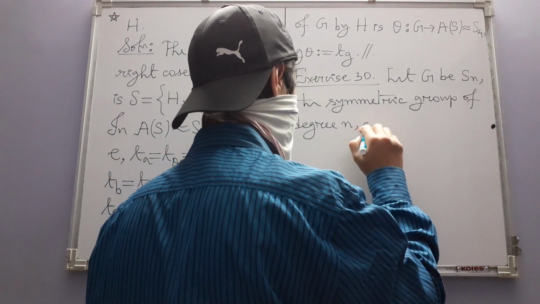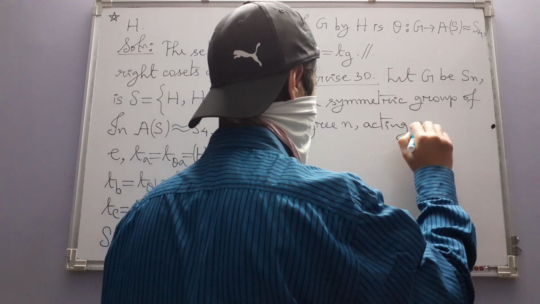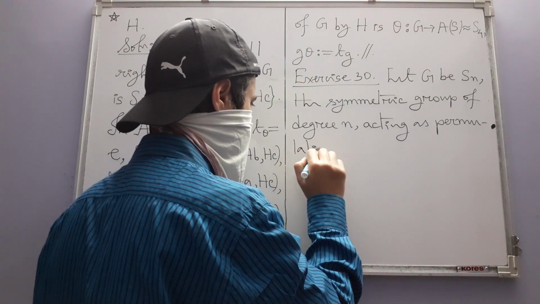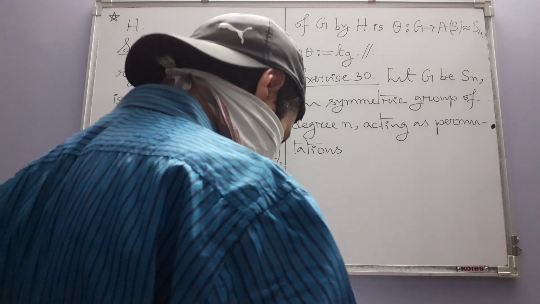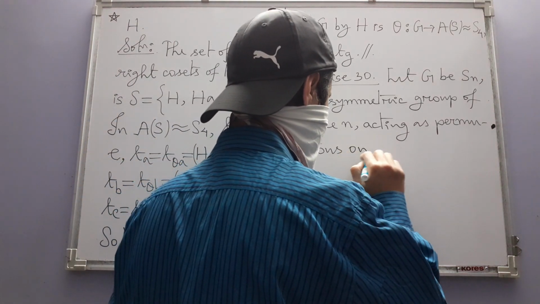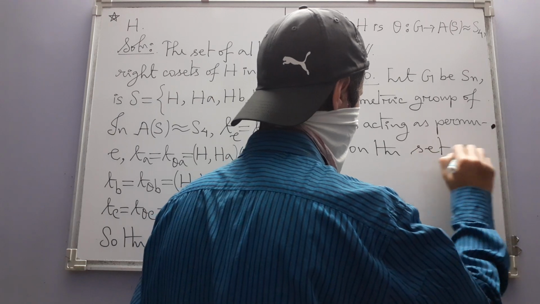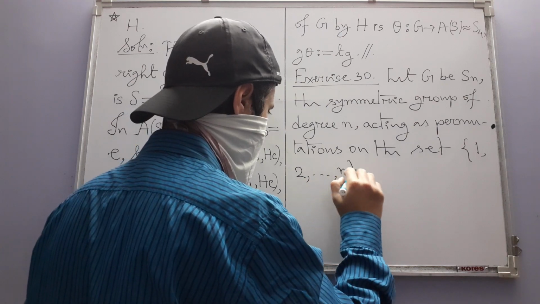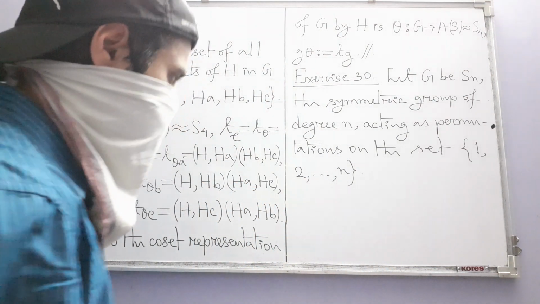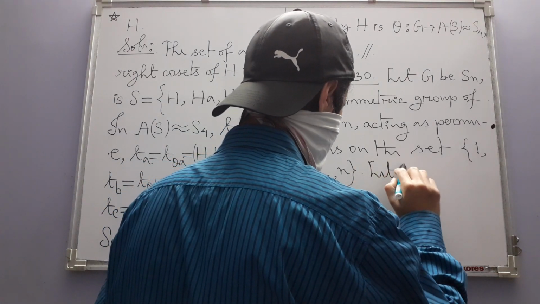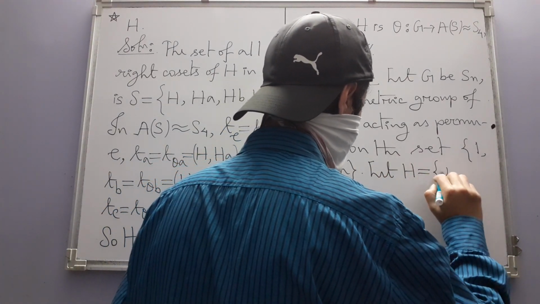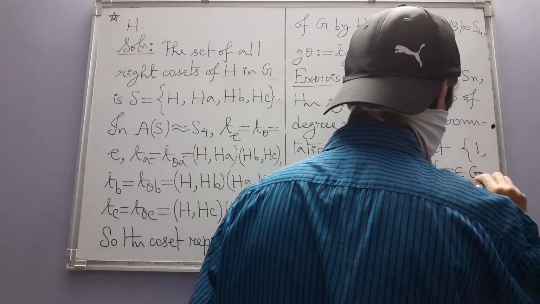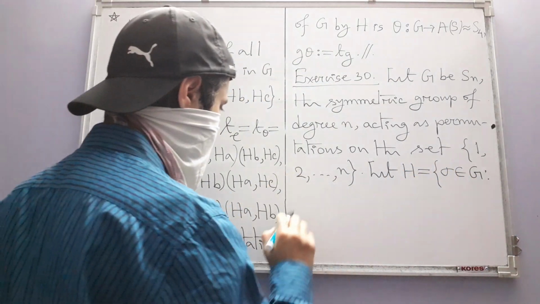But he goes on, acting as permutations on the set... Let H be the set of those permutations which fix the symbol n.